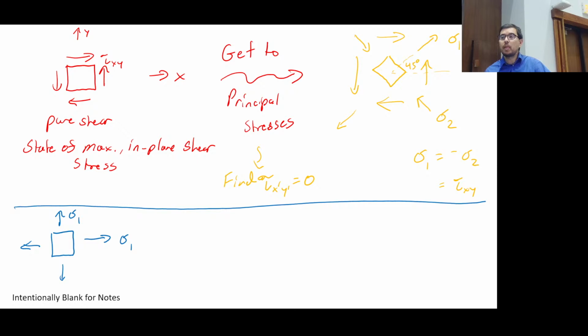We'll see. So in this case, what structure has this state of plane stress, where sigma x equals sigma 1, sigma y equals sigma 1, and tau xy is equal to 0? What structure is that? Yes. Which one? Yeah, thin-walled, good. All right. You have two types, right?